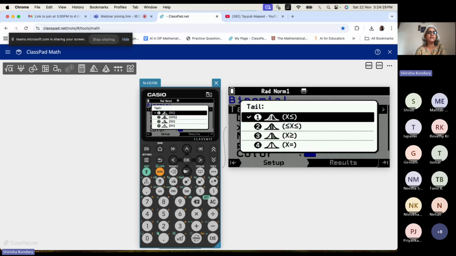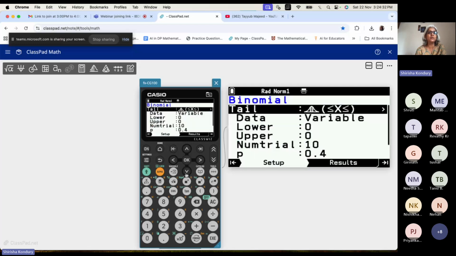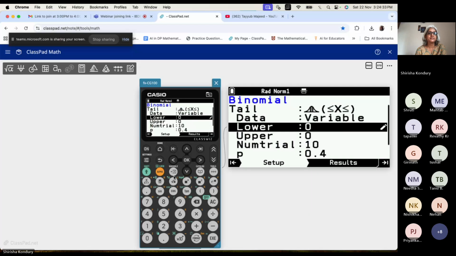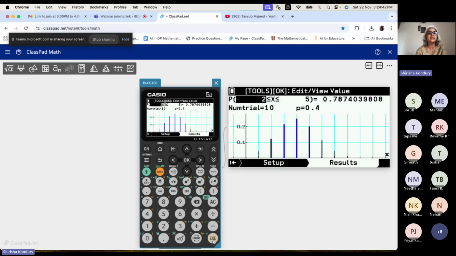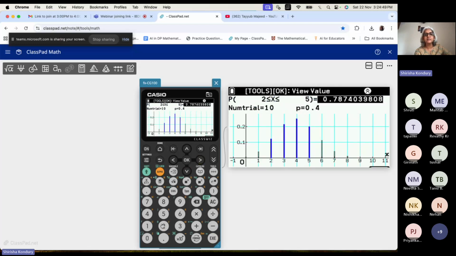If we take the in between, then it allows you to give the lower and upper. So depending on what your problem is stating, you will be able to define this and give your distribution.